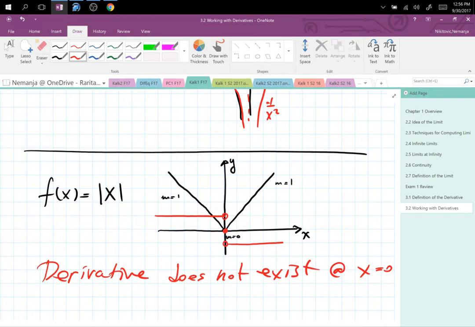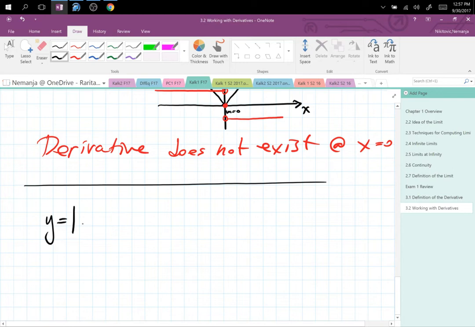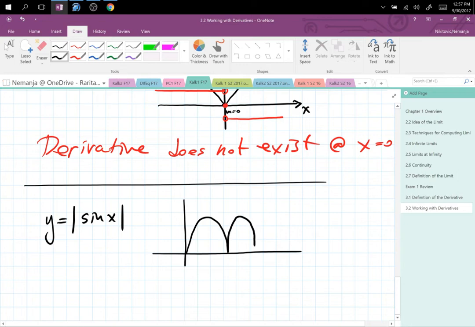Another famous example would be sine and cosine graphs in absolute value again. So this time we have absolute sine x. We know from our review that the first two would look like this.